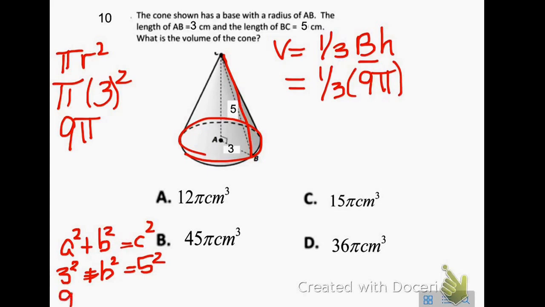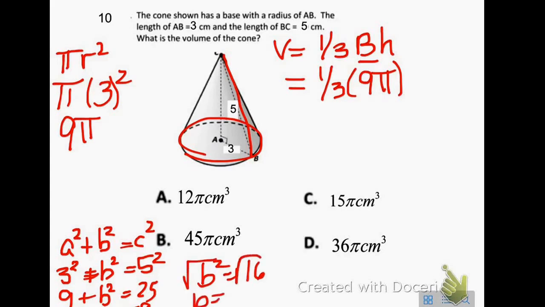So 3 squared is 9, plus b squared equals 25. If I subtract 9 from both sides, it's going to give me b squared equals 16. So take the square root of both sides, so b equals 4. So I know my height is 4, so I can put that in for h. And if I multiply 1/3 times 9 pi times 4, that's going to give me 12 pi.